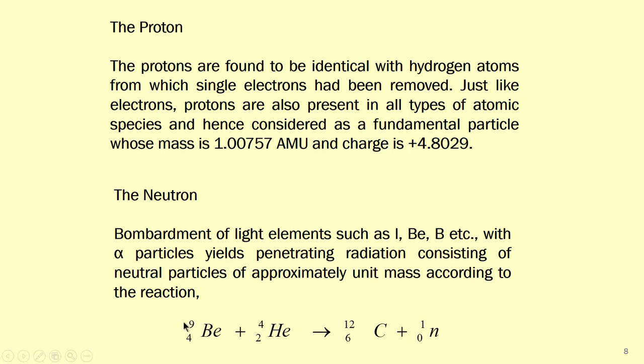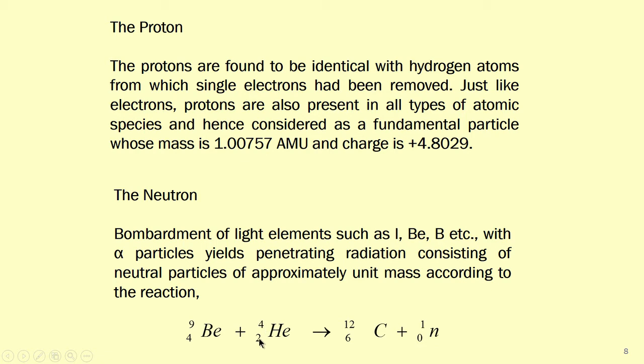That is, if I take beryllium atom having a charge of 4 units and mass of 9 units, okay, that is how the reaction is to be read. 4 beryllium 4 9 are treated with 2 He4, that is charge of helium is 2, mass is 4.